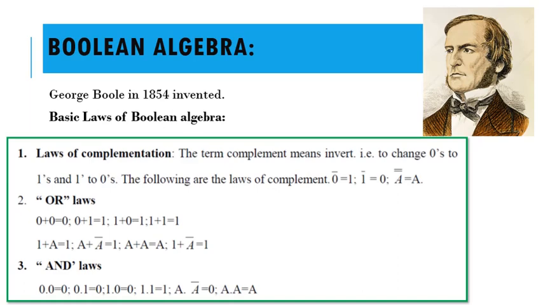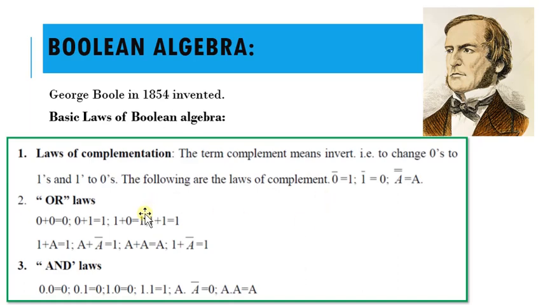This Boolean algebra was invented in 1854 by George Boole. This algebra is sometimes also called the switching algebra, and it forms a mathematical framework on which logic design is based. It is used in synthesis and analysis of binary logical functions.